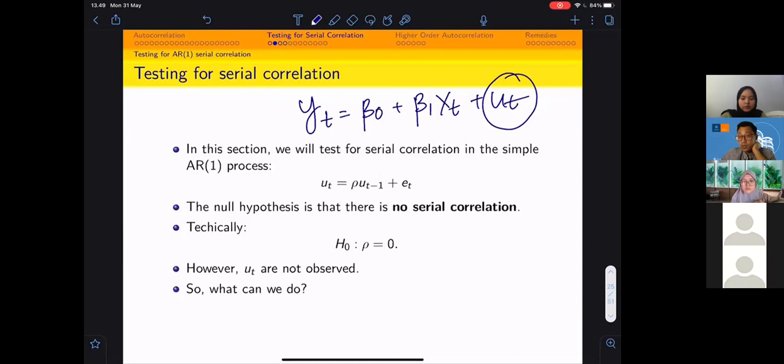So what's the sample analog? The sample analog of the error terms is going to be the residual. And so you're going to use the residual as the sample analog of the error terms.